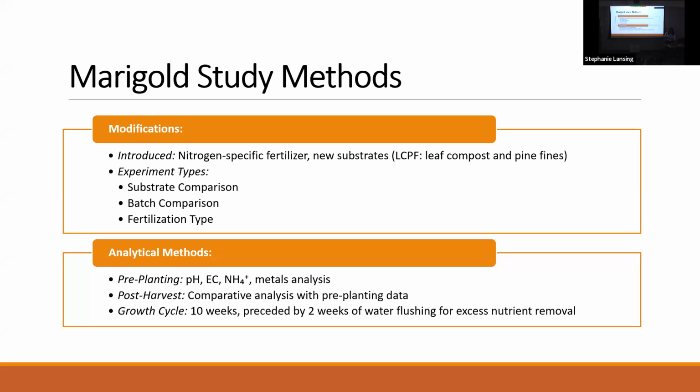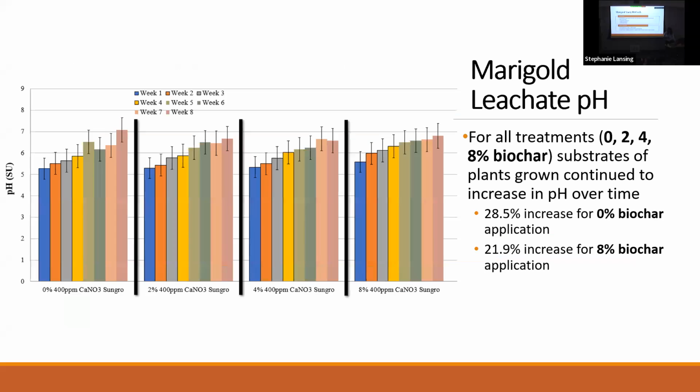Again, the same types of methods were done with the marigolds as with the poinsettias. And we can see here that with the pH data, for all 4 biochar inclusion rates, the pH does increase over the course of these 8 weeks. However, we see a greater increase with the 0% control compared to the 8%.